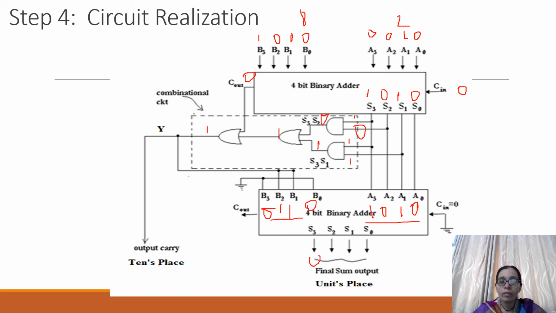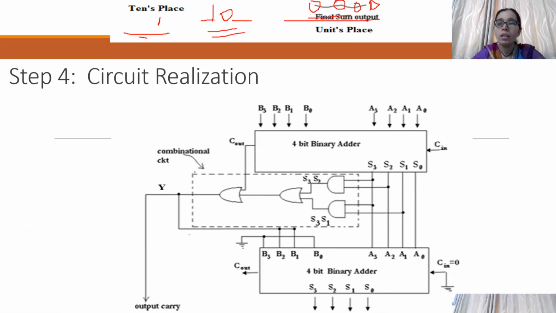Therefore we will get 0, 0, 0, 1 and here 1, 1 separate and 1 separate, and here 0. Not 1, here 0. That is 10, that is 1 separate and 0 separate, 0 here and 1 over here. So this is how the BCD adder can be designed.